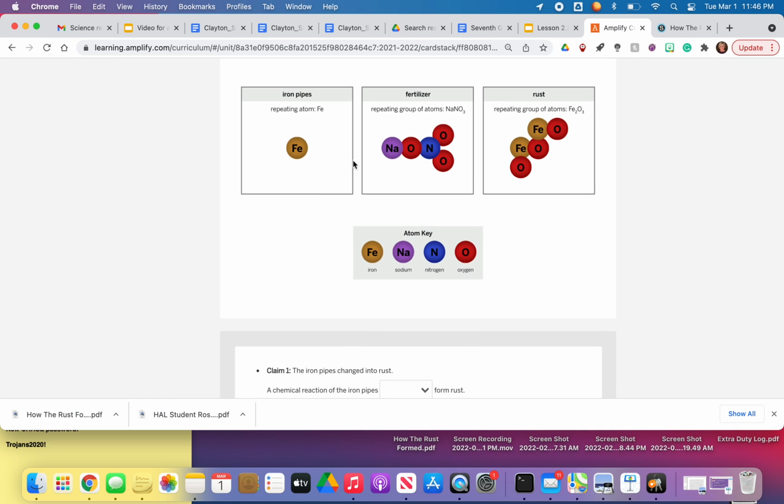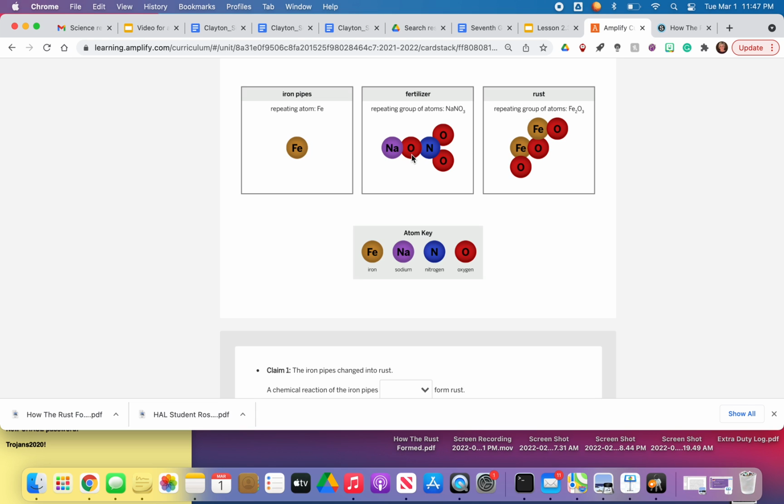So, reminder, these are the atomic models for each of the different substances. Here's iron pipes, here's the fertilizer, and here is the rust. You remember that each substance is made up of repeating atomic groups. You only have to make one molecule of iron pipe, one molecule of fertilizer, one molecule of rust.